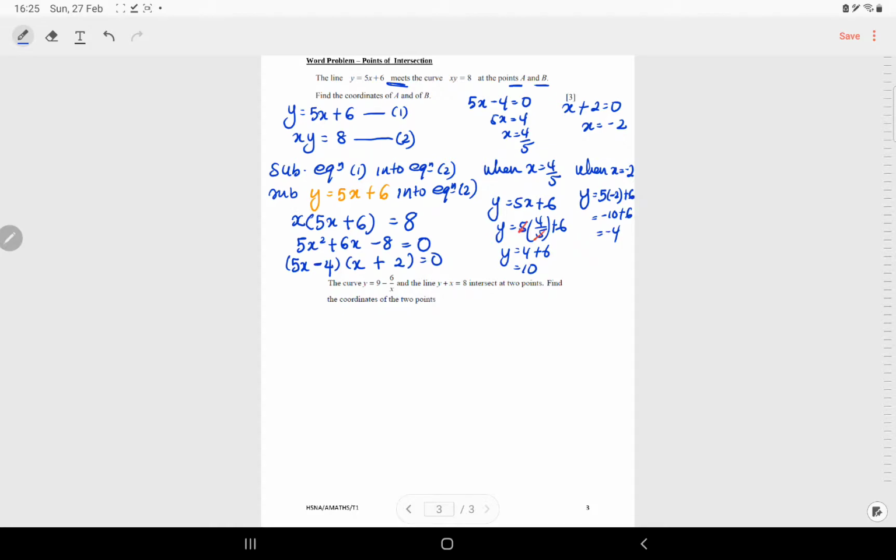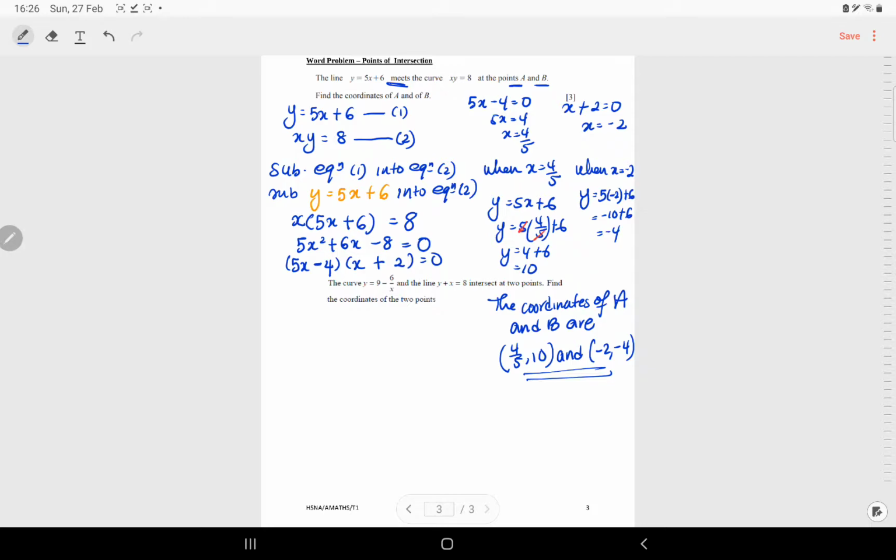Okay, so you can write your answer. I'm running out of space. So the coordinates of A and B are 4 over 5, 10, and negative 2, negative 4. So that is your answer for the first question.